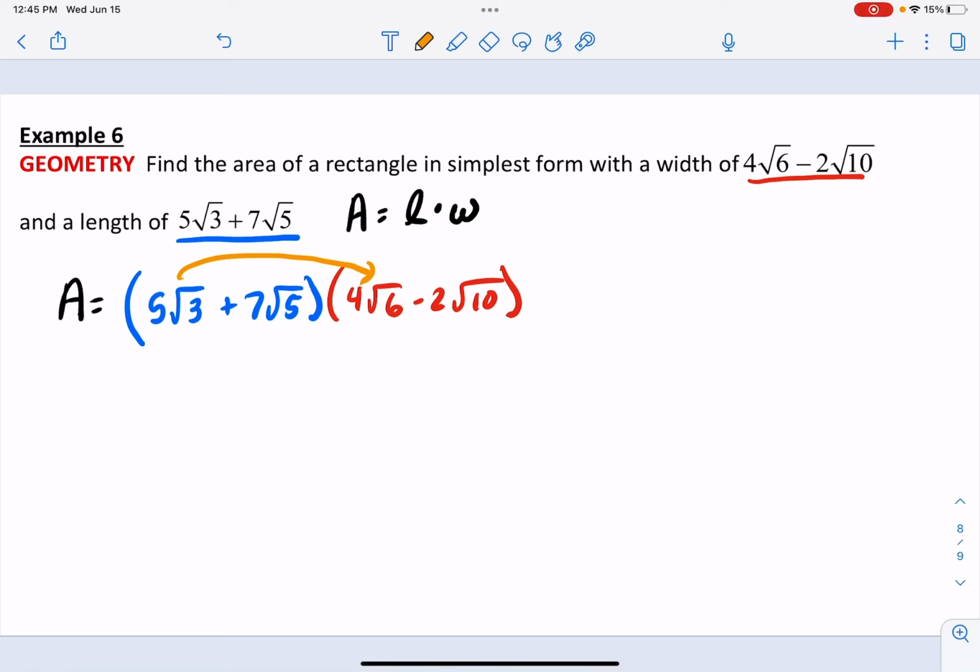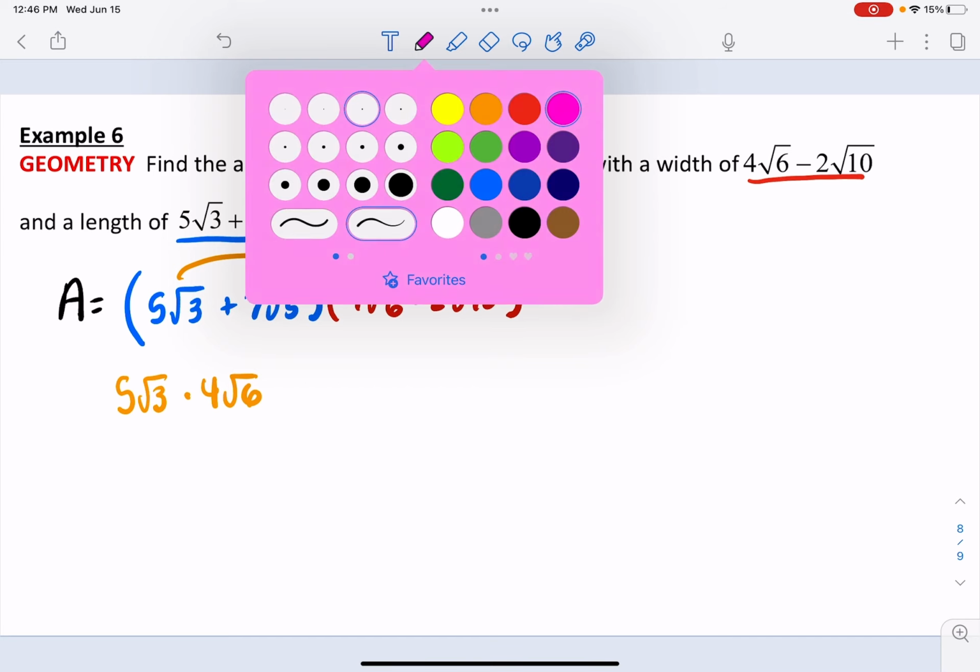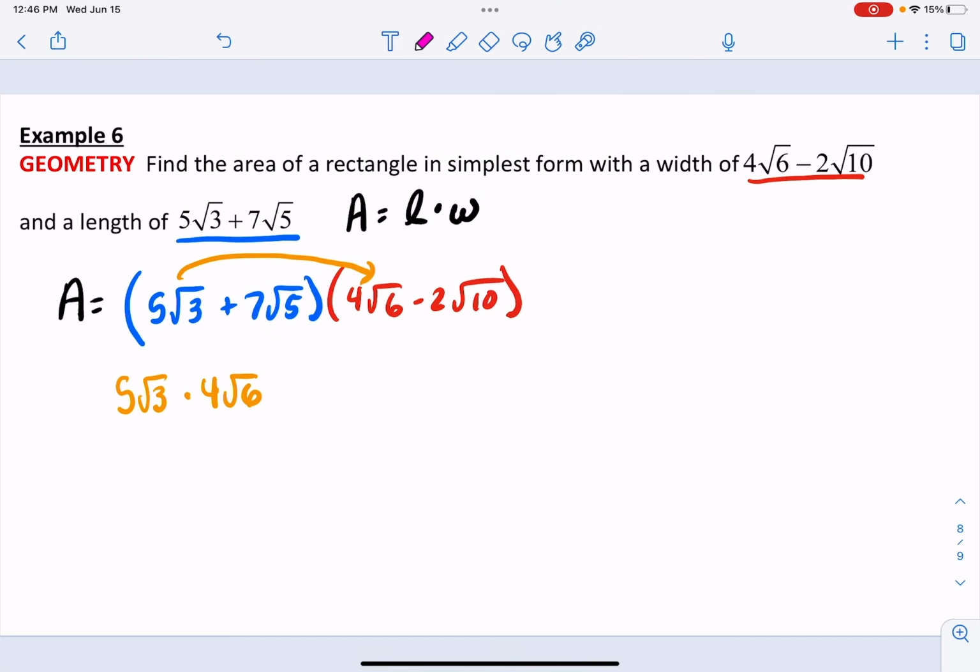Multiply first terms together. So 5 root 3 times 4 root 6. First terms. Outer terms. Plus 5 root 3 times a negative 2 root 10.